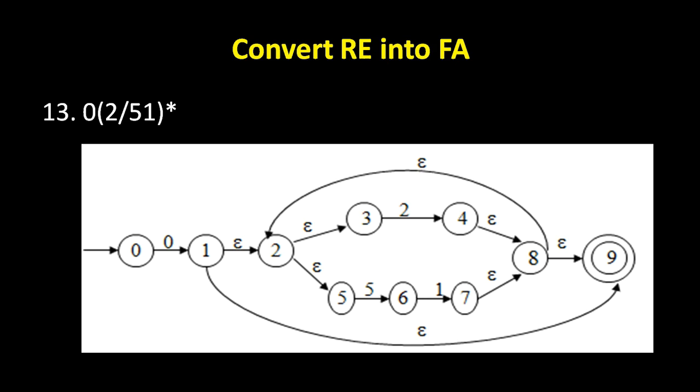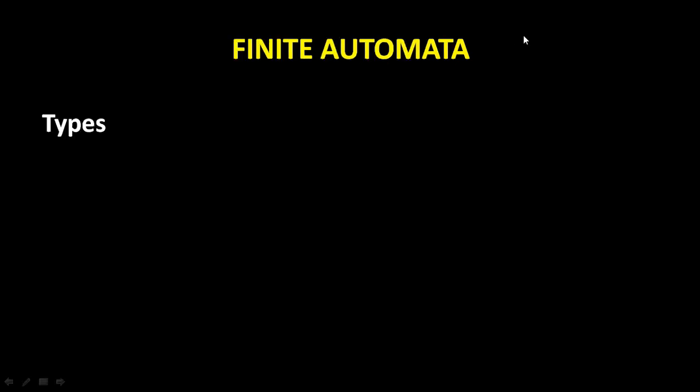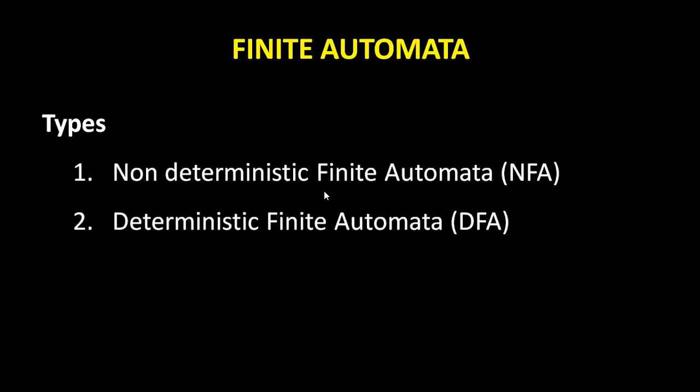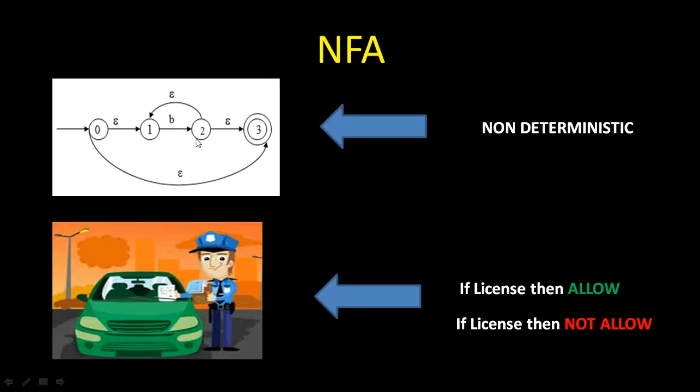Now the last topic is the types of finite automata. There are two types. One is non-deterministic finite automata, simply called NFA. The second one is deterministic finite automata, simply called DFA. Non-deterministic means we cannot easily predict the next movement.